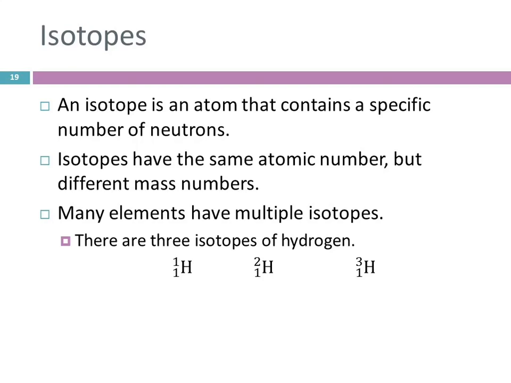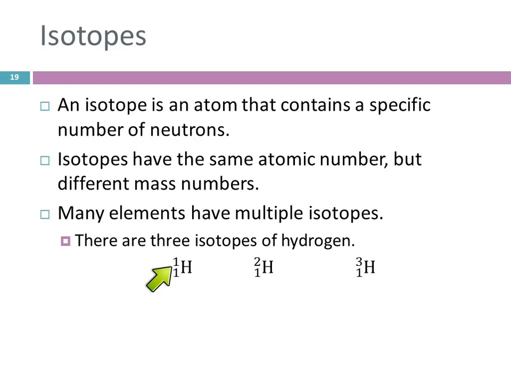Most elements have multiple isotopes, but there's nothing predictable about it from the periodic table. Hydrogen has 3 isotopes, and they even have names. This is protium and deuterium and tritium, and this one's radioactive. But these are their symbols. So all of them have atomic number 1, because all hydrogen atoms have 1 proton.